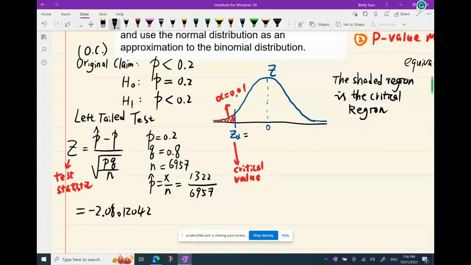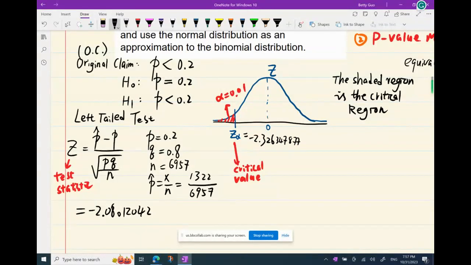And my critical value, same thing, I'm going to keep whatever I have here: negative 2.326347877.